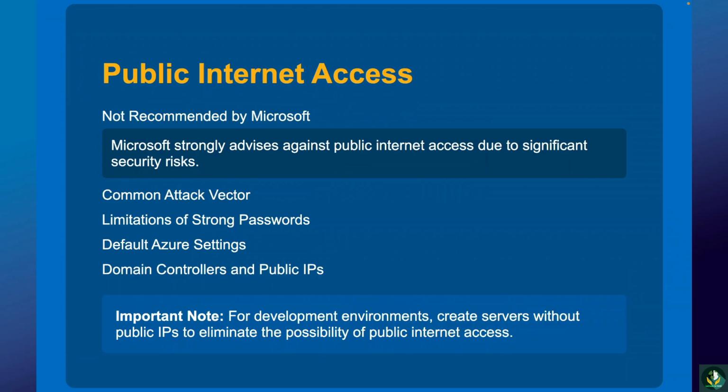This recommendation is based on significant security concerns and is not merely a suggestion. And when you implement this public internet access via RDP, I suggest you use the solution only for lab environments which are not important to keep secure.